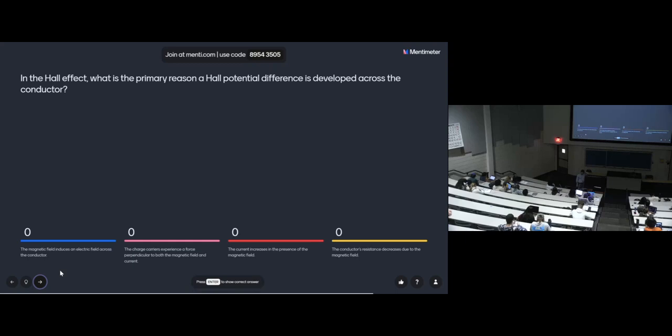In the Hall effect, what is the primary reason a Hall potential difference is developed across the conductor?